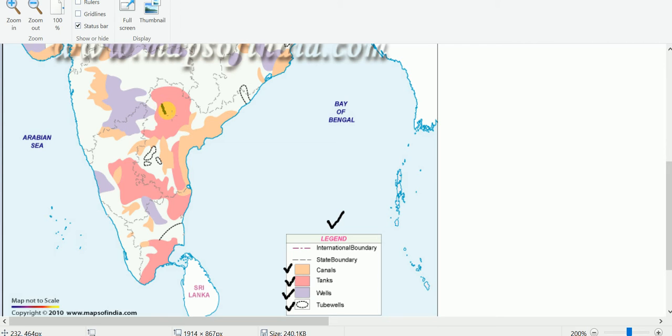Tank irrigation is also in Tamil Nadu, and in some places in the coastal areas of Andhra Pradesh. Here in Maharashtra we find canal irrigation, and in some other areas we find well irrigation. And in this Andhra Pradesh area we also find tube well irrigation.